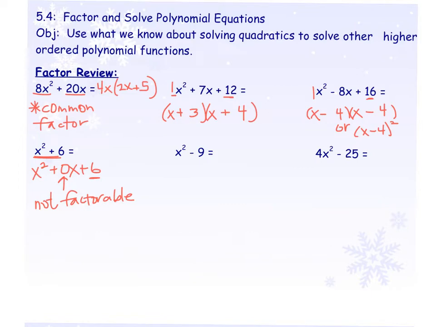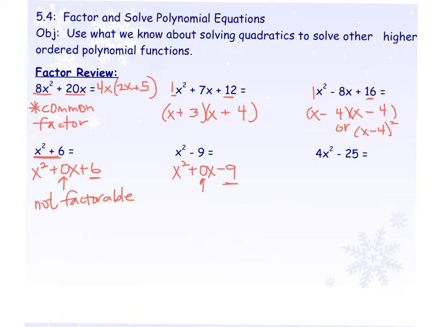So x squared minus 9 is the next one. x squared minus 9 would be like saying x squared plus 0x minus 9. We need to try to figure out what numbers multiply to get 9, but then cancel each other out in the middle. Well, 9 could be broken down into 1 times 9 or 3 times 3.